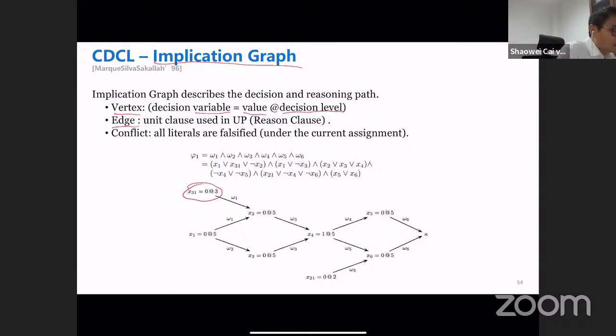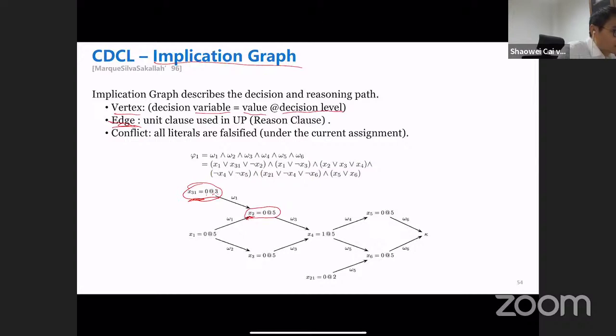For example, in this formula, we have 6 clauses, and this node here, x31 equals 0 at level 3, means that x31 is assigned to 0 at the 3rd level. And then the edge is the reason. It's the reason for the variable assignment.